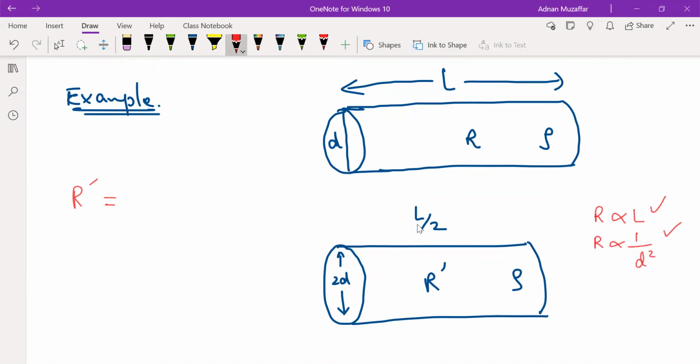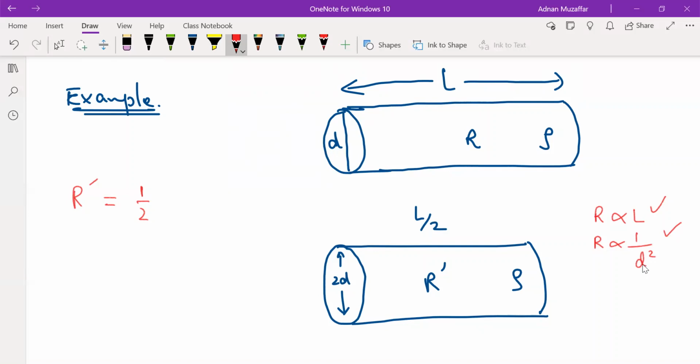Now, if L is halved, what will be the effect on resistance? Resistance will also be halved. So one factor, 1 by 2, can come here. Now, diameter is doubled. So what will be the effect on R? It's inversely proportional to d square.